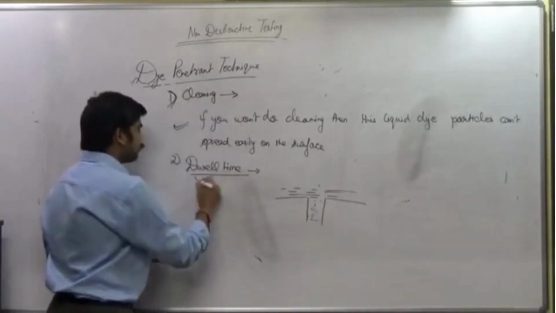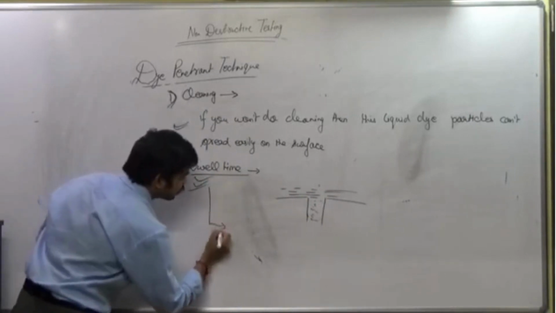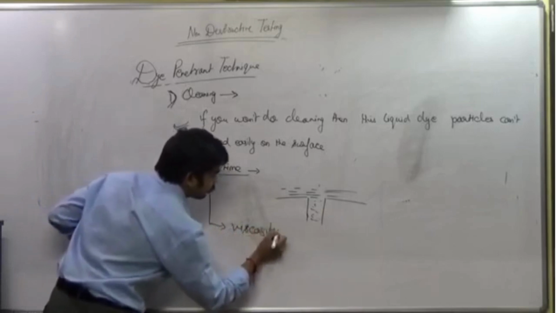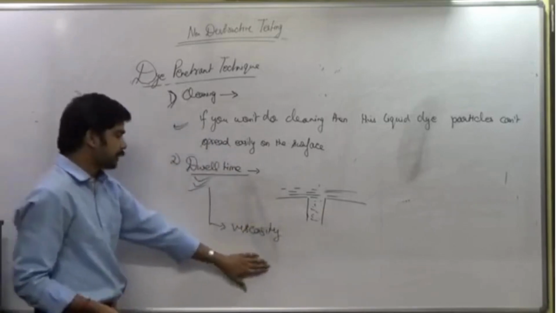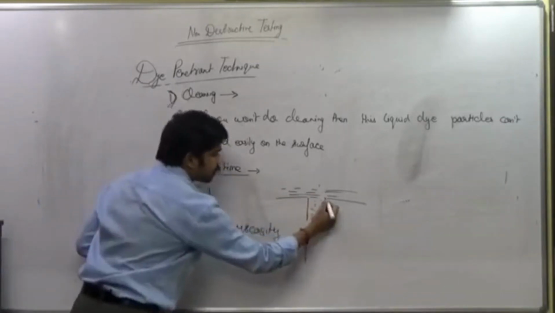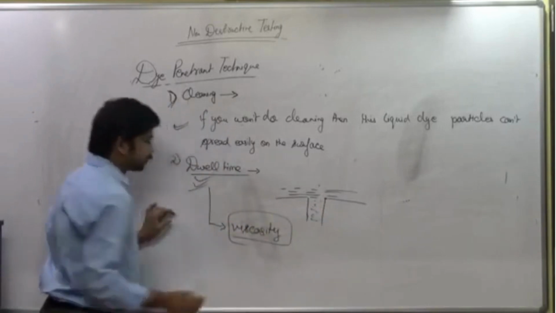Why do we want to give this dwell time? Because every liquid has a particular viscosity, and due to this viscosity, that fluid takes some time to take a particular shape. That's why we want to give a particular dwell time here.